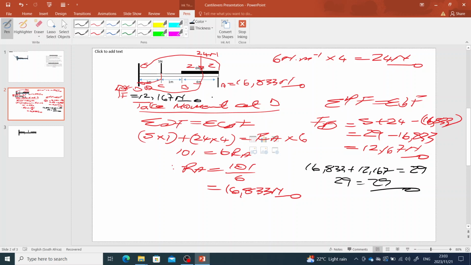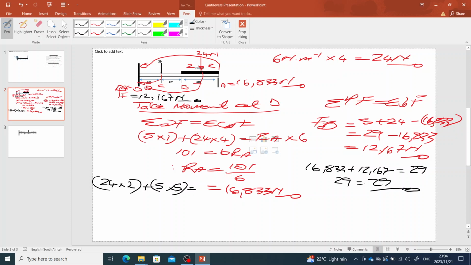Now, even if you say take moment at RA and consider this as an upward force, you will still get the same answer. If I've taken moment at RA, it will be 24 multiplied by 2 plus 5 multiplied by 5 equals the only force rotating clockwise.